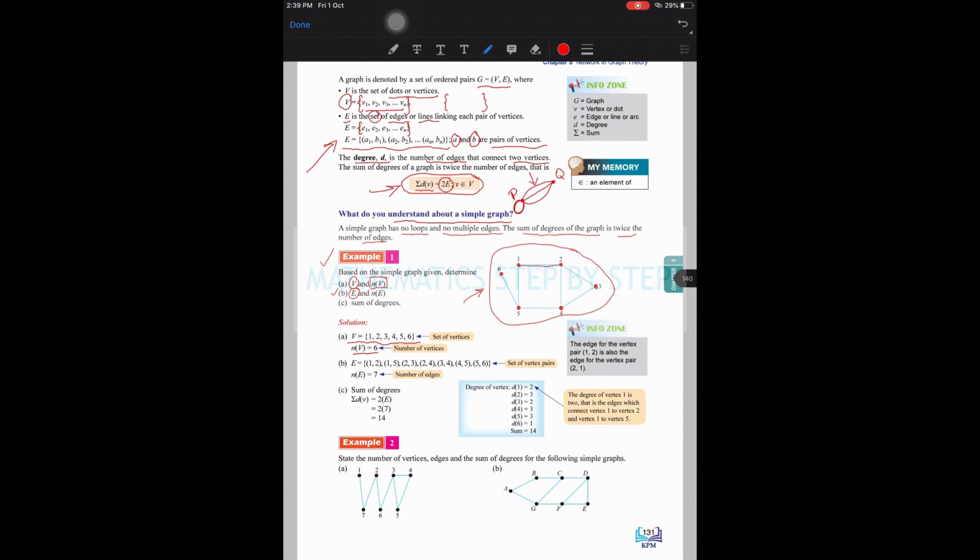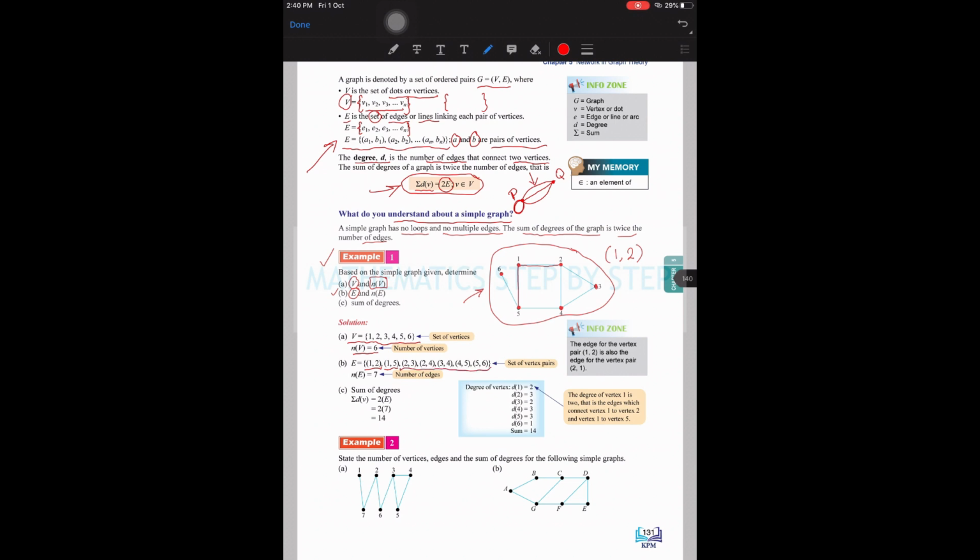This line is connecting point 1 and point 2, okay? So we will represent this edge like a coordinate, okay? Like this. Then this line connecting 1 and 5, we'll write like this, okay? (1, 5). So on and so forth for the other edges, okay?